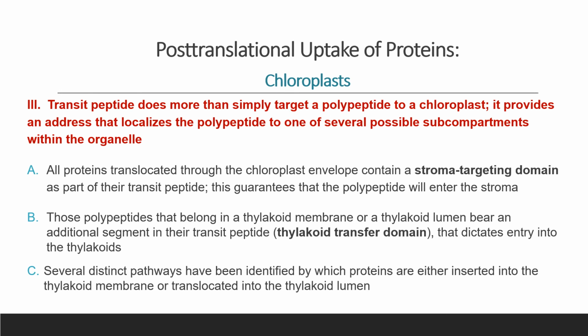The transit peptide does more than simply target a polypeptide to a chloroplast; it also provides an address that localizes the polypeptide to one of several possible subcompartments within the organelle. All proteins translocated through the chloroplast envelope contain a stroma targeting domain as part of their transit peptide, which guarantees that the polypeptide will enter the stroma.